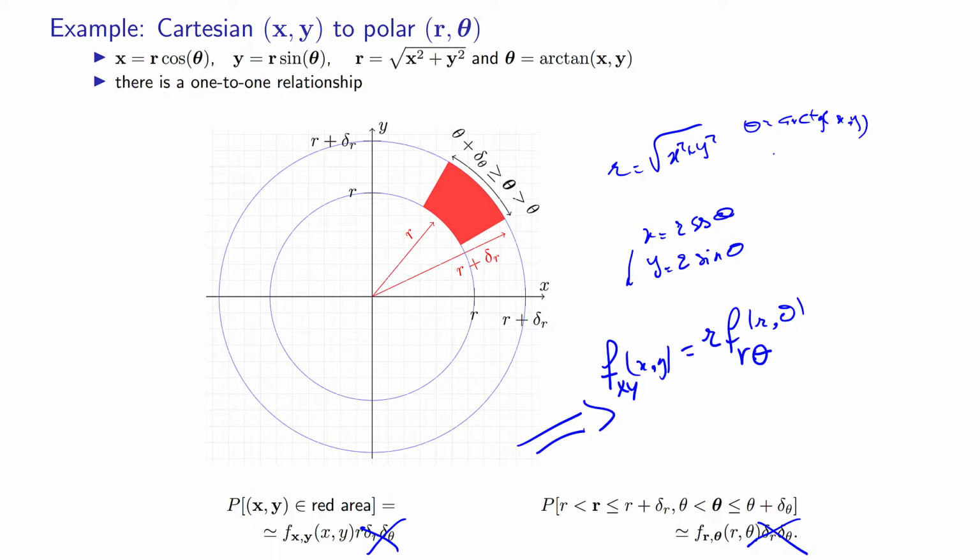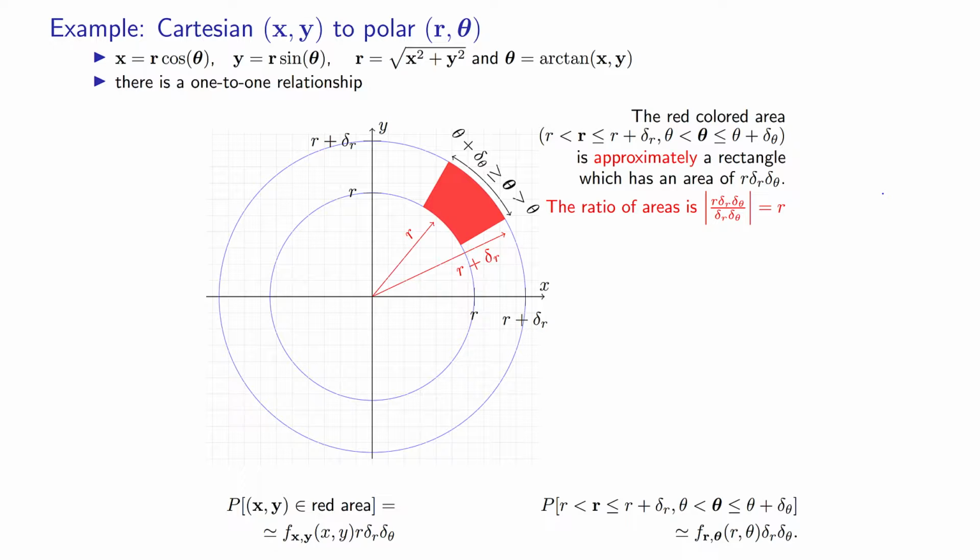So you could substitute these on this side and obtain two different equations which give you the distribution in the Cartesian domain in terms of the distribution in the polar domain, and vice versa.